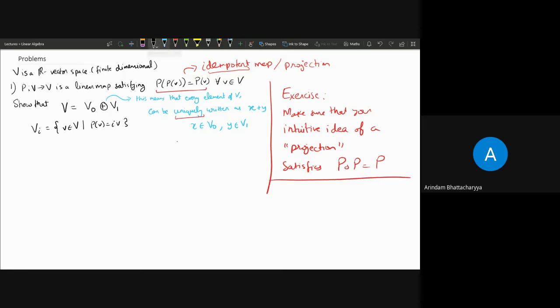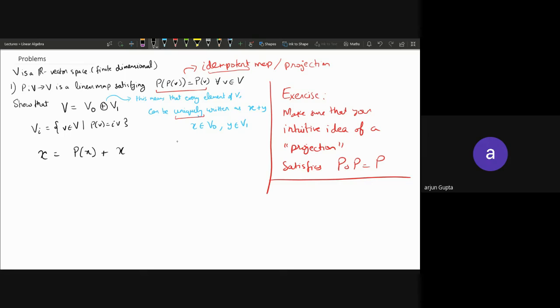Basically, you can write x as P of x plus x minus P of x.